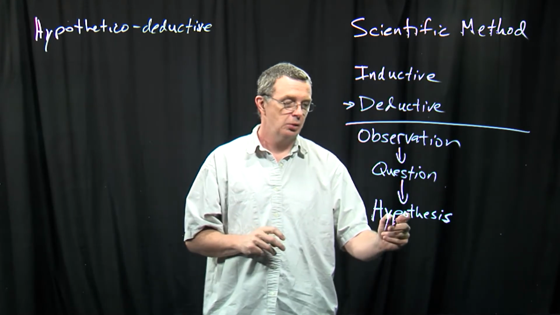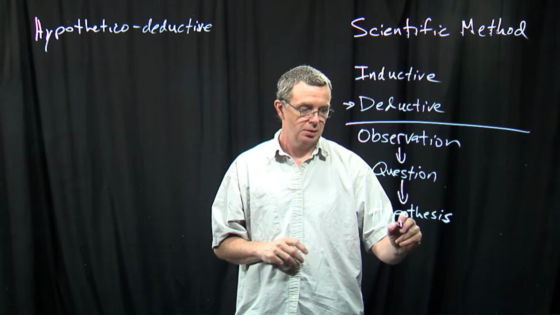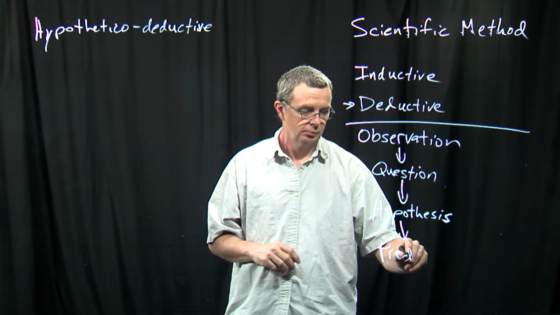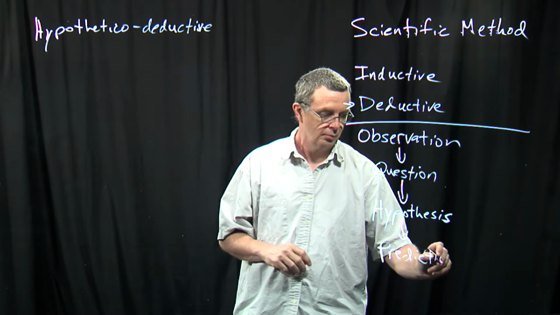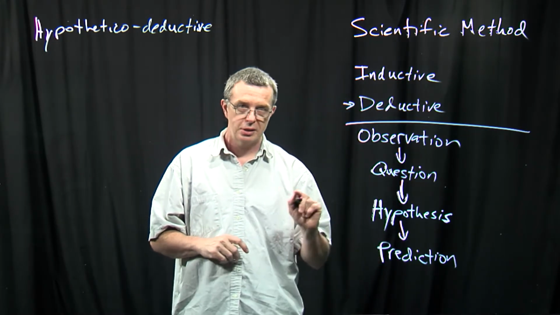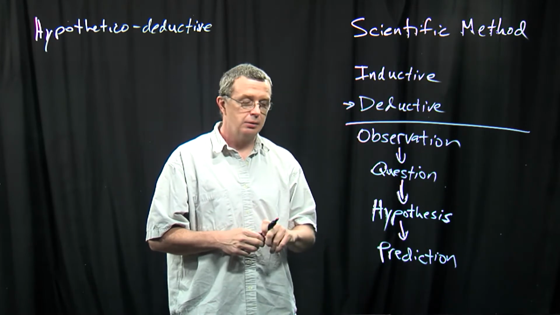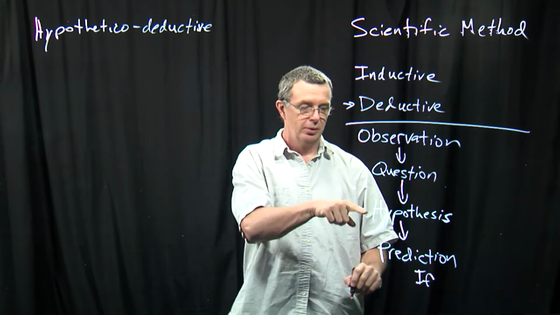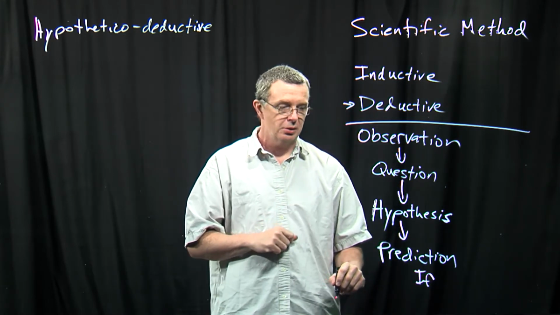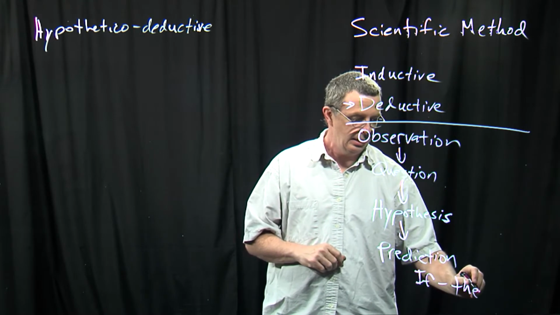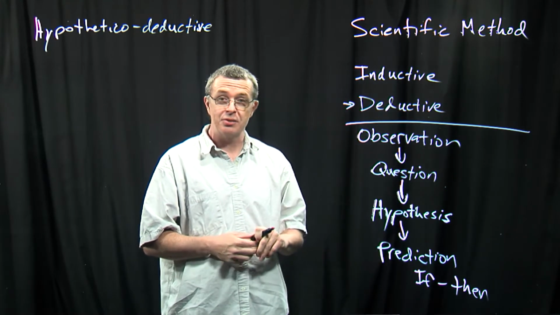And then what do you do from a hypothesis? You make a prediction. Oftentimes, predictions come in an if-then kind of statement. If my understanding of this is correct, my hypothesis, then this is what I think is going to happen.